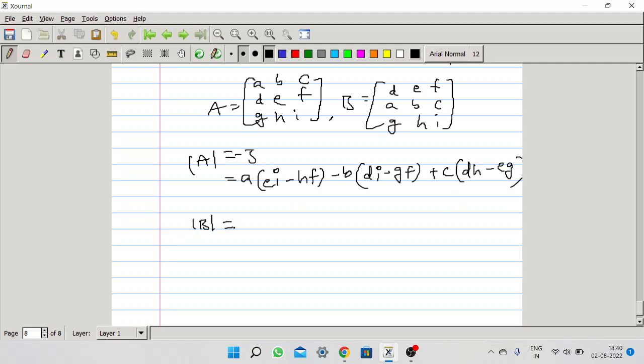So we'll check here what is the determinant of B. Determinant of B is nothing but D times BI minus CH, minus E times AI minus CG, plus F times AH minus BG.